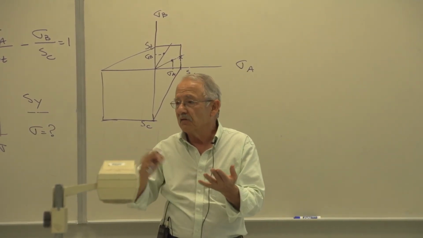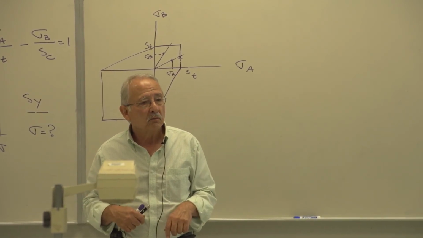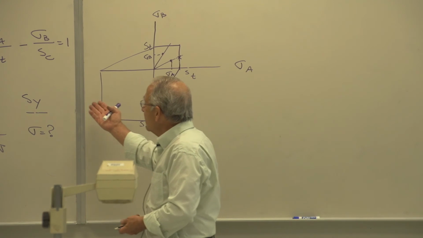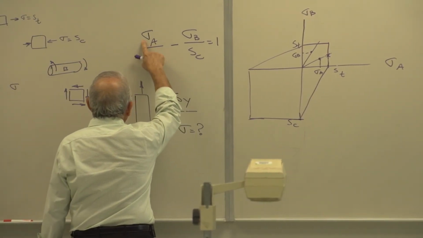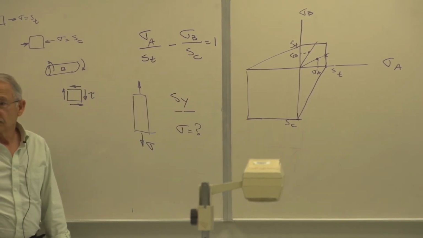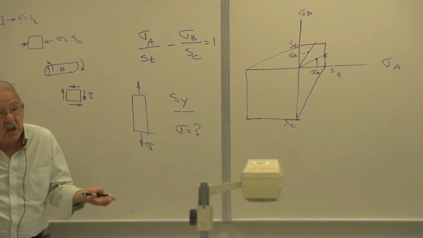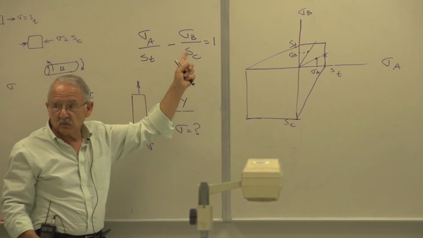If the factor of safety is a general n, then n takes the place of 2. So in this case, if I want a factor of safety of 2, I multiply these by 2. If I want a factor of safety of n, multiply them by n. Or divide these by n. Doesn't matter. They're both the same.